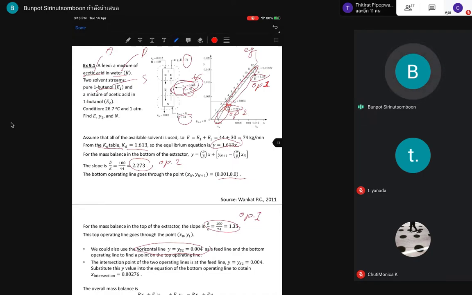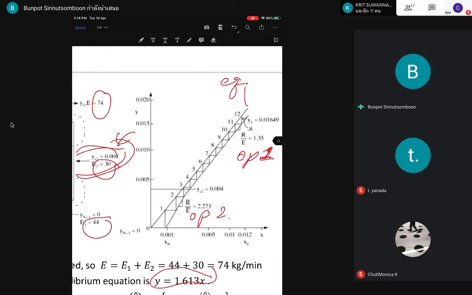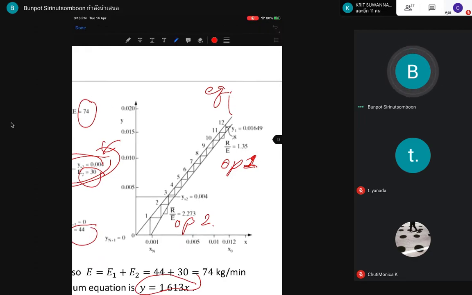You can use the horizontal line, this line right here, and this line is going to intersect with, let me clean this up a little bit, actually the intersection is here. So this line is going to intersect with this line at this point, right?